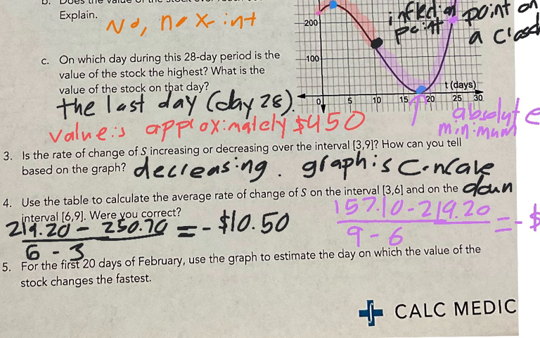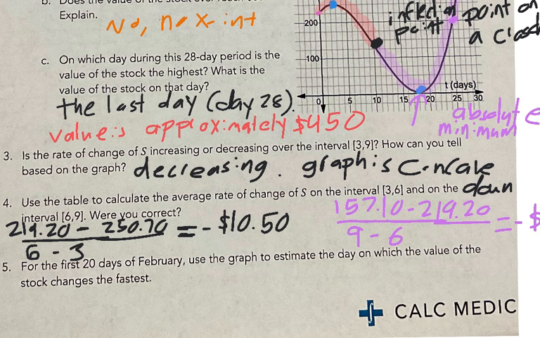So how are we telling how much the stock is changing? By the slope of the tangent line, right? That's a representation of an instantaneous rate of change. So I'm looking for the tangent line with the most extreme slope, whether positive or negative.